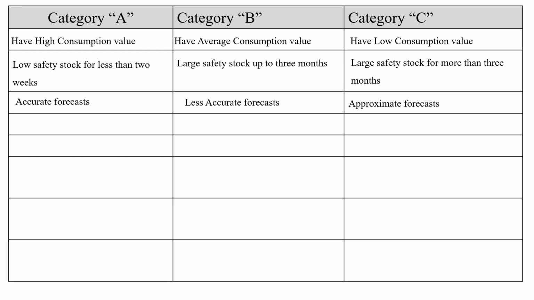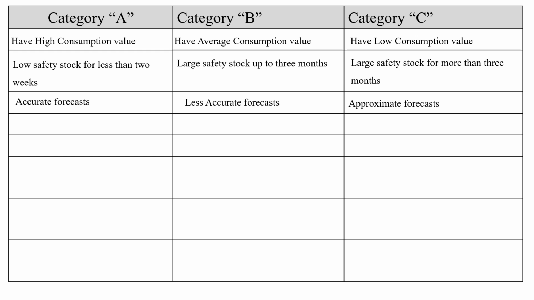Category A has very costly items, so we have to forecast accurate values. Accurate forecasting is required for category A. Category B items are moderate value items, so less accurate forecasting is also acceptable.